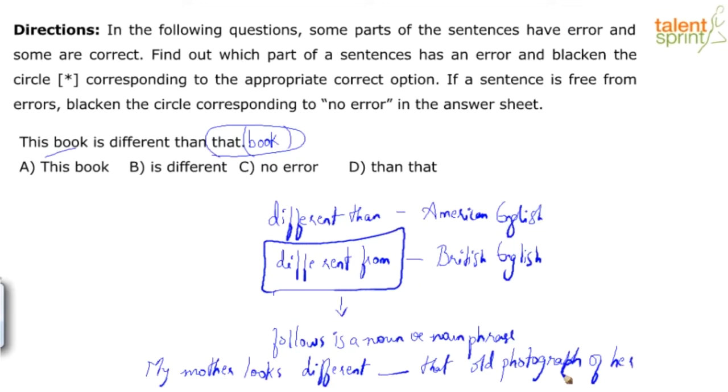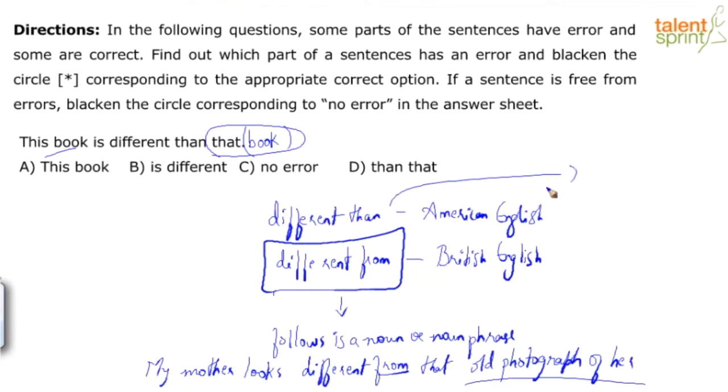So the sentence is followed by a noun phrase. Then I use "from". Right? When do I use "different than"?